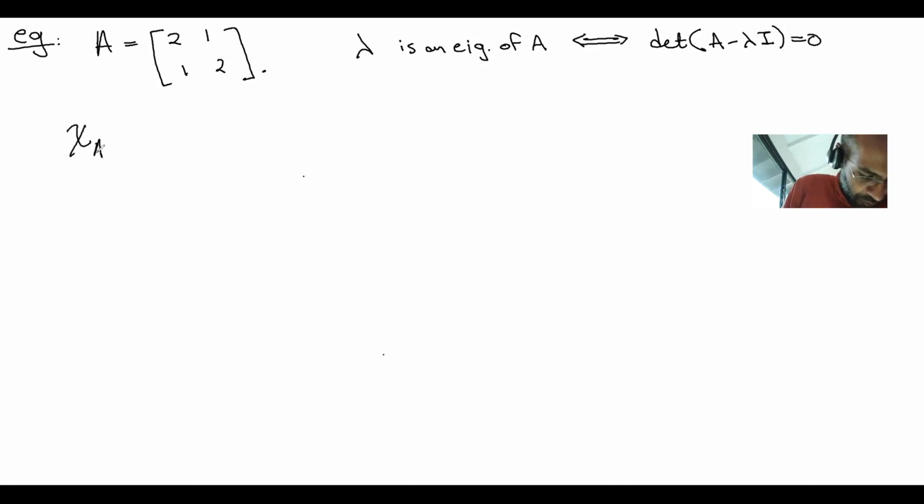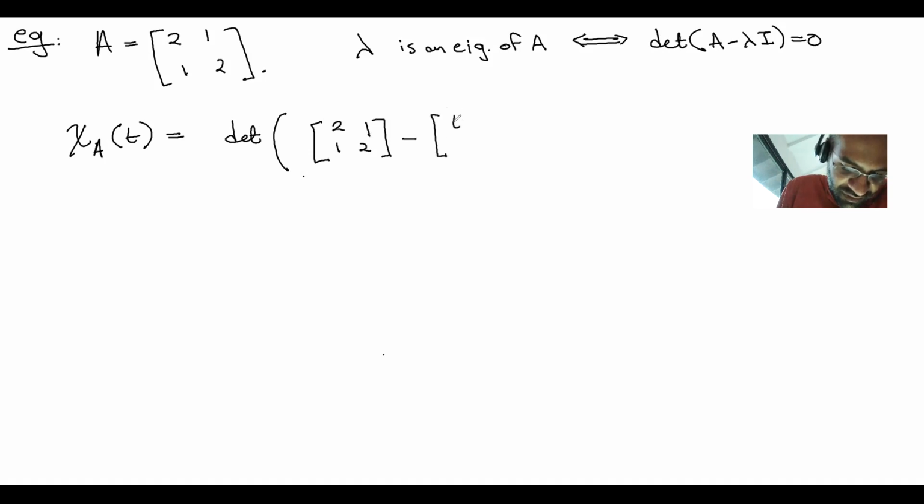So the characteristic polynomial of A in the variable t is the determinant of A minus tI. So 2, 1, 1, 2, that's A minus t times identity. Now t times identity is this matrix. So this is the matrix A minus t times identity.